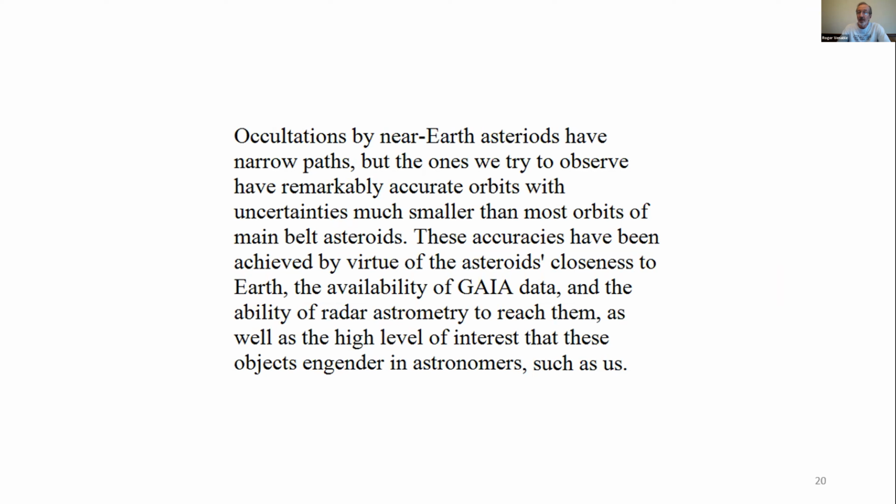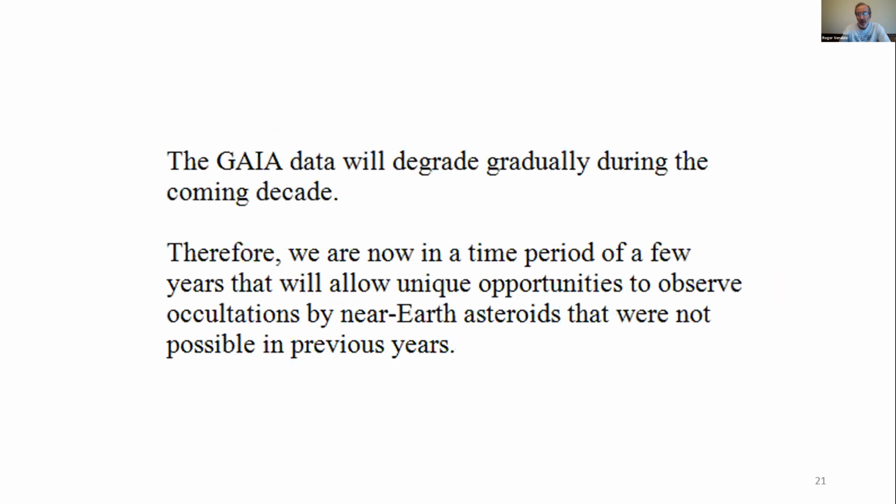And the paths are enhanced by the high level of interest in these objects engendered by astronomers, including ourselves. The Gaia data will degrade gradually during the coming decade. Therefore, we are now in a time period of a few years that will allow unique opportunities to observe occultations by near-Earth asteroids that were not possible in previous years.